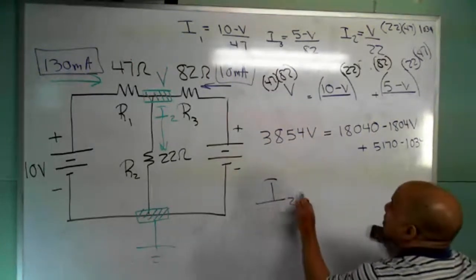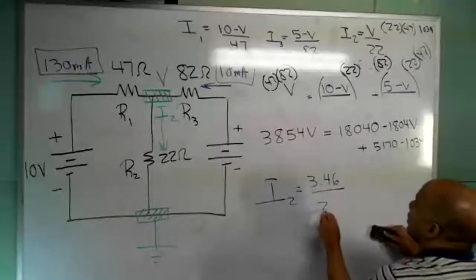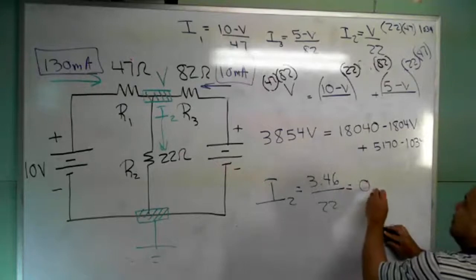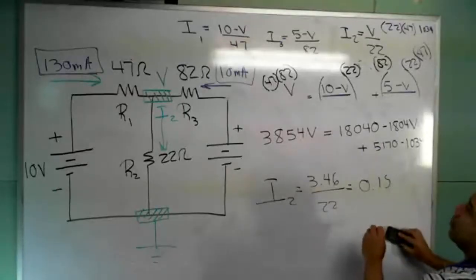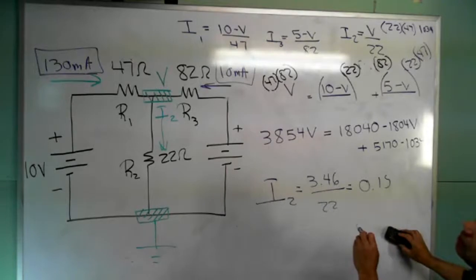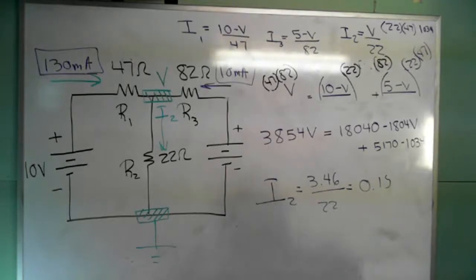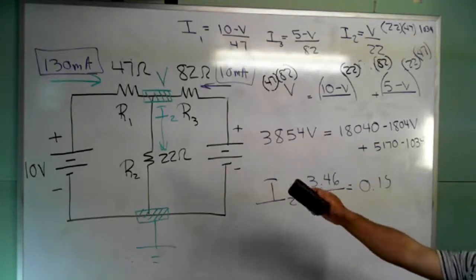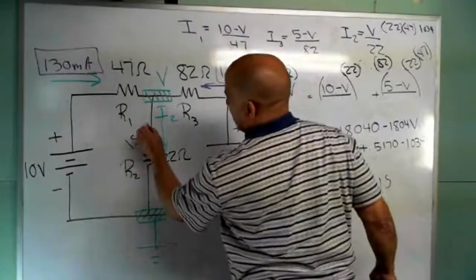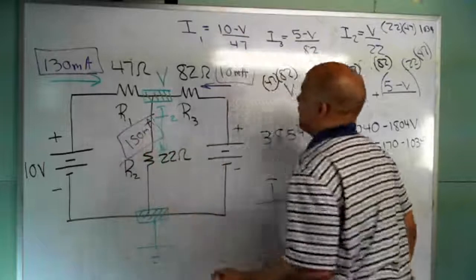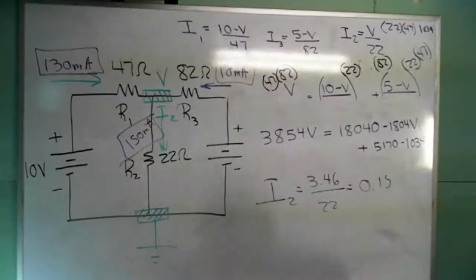I2 is 3.46 on, what'd you say? 0.15. 150 milliamps? We're off a little bit because you're saying this is 150 milliamps. That's not adding up. I get 140. So did we make a mistake?